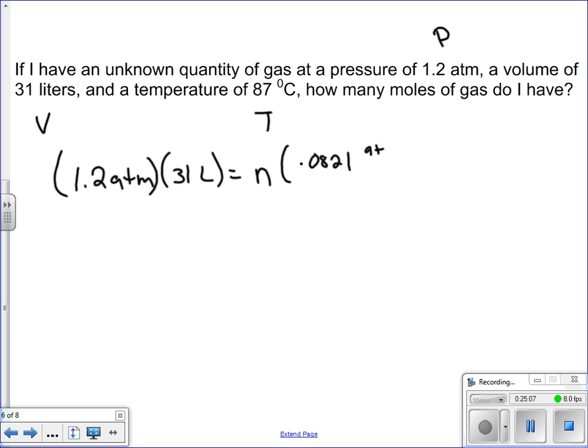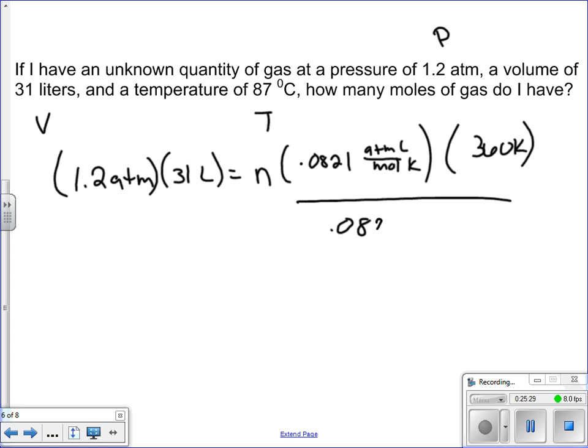0.0821 atmosphere liters over mole Kelvin times, all right, so it's 87 degrees Celsius. We need to convert that to Kelvin, so we need to add 273. You should get 360 Kelvin. So we want N by itself. So that cancels. Now we bring it over here.